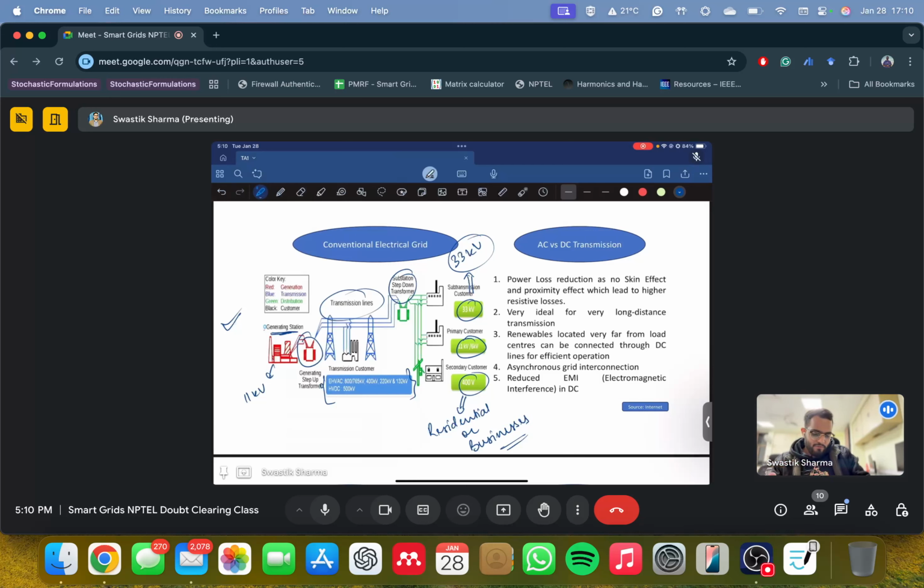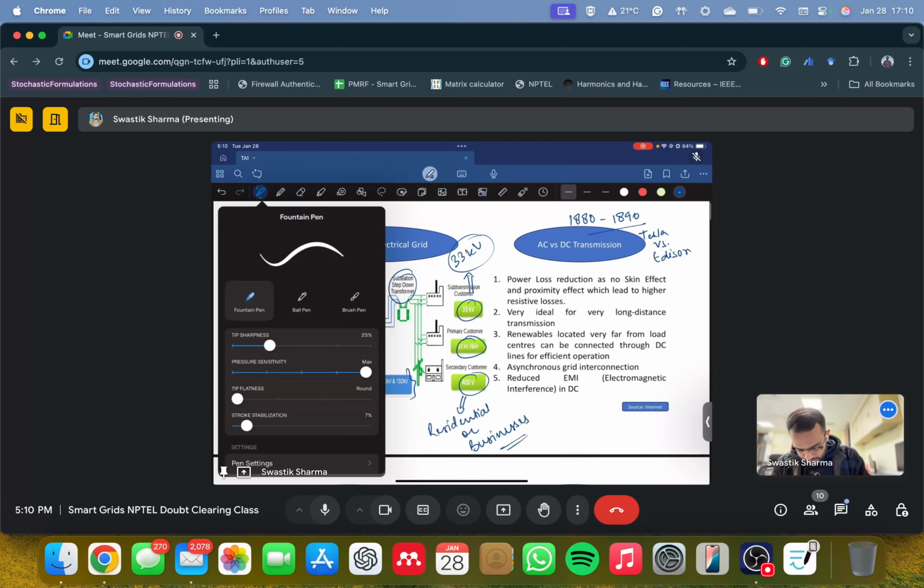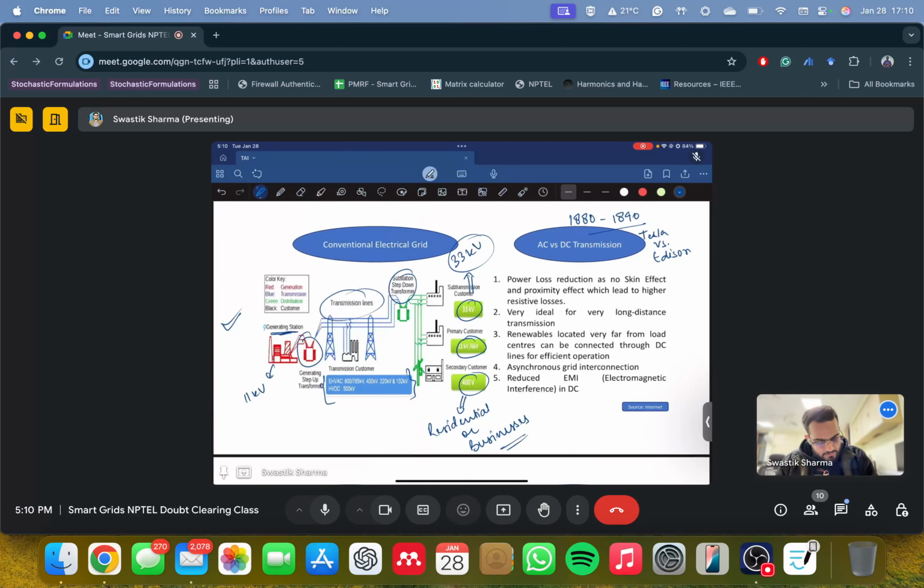Now why is there the need of doing all of this? There was the war of currents that happened during the 1880s to 1890, right? Between Tesla and Edison.